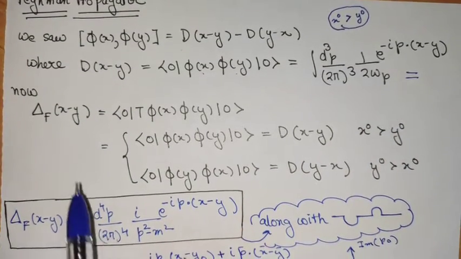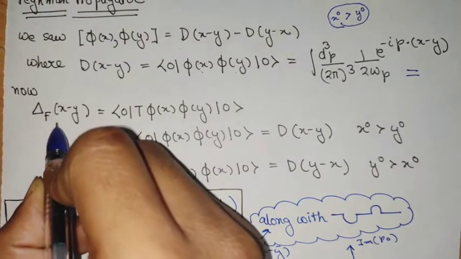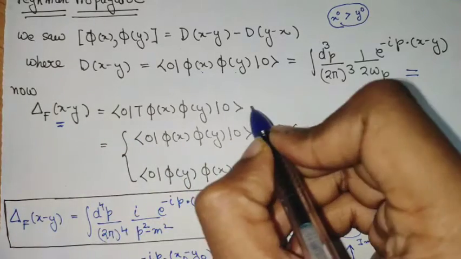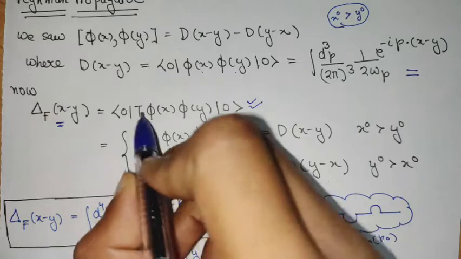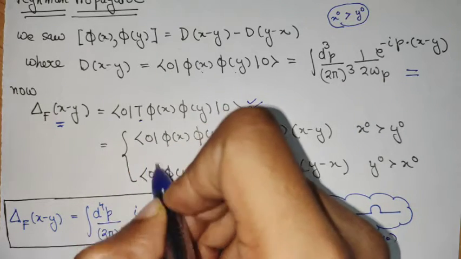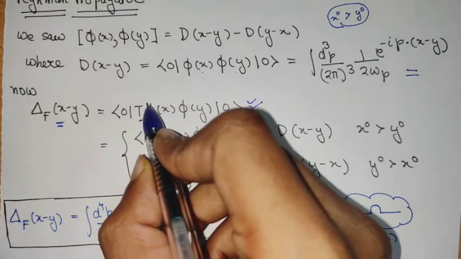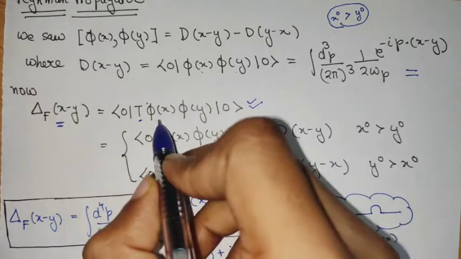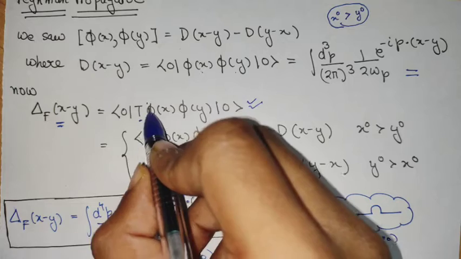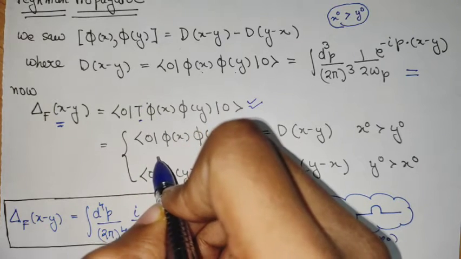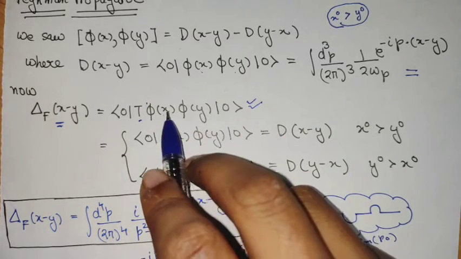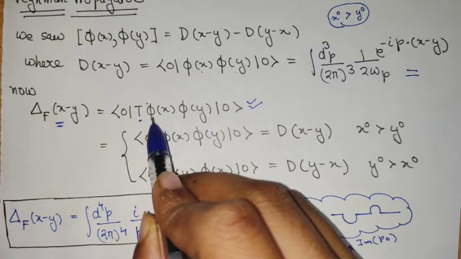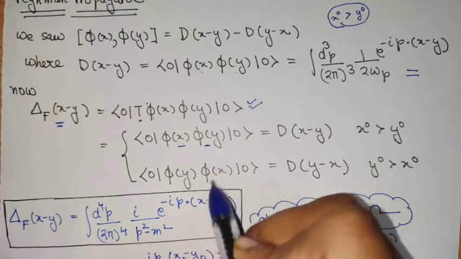And with this thing in mind, we define an object. This is called the Feynman propagator. It is a function which is written in this form, where this T is called time ordering. So time ordering of these fields, phi(x), phi(y), by definition says that if x0 is greater than y0, then write these fields in this order.